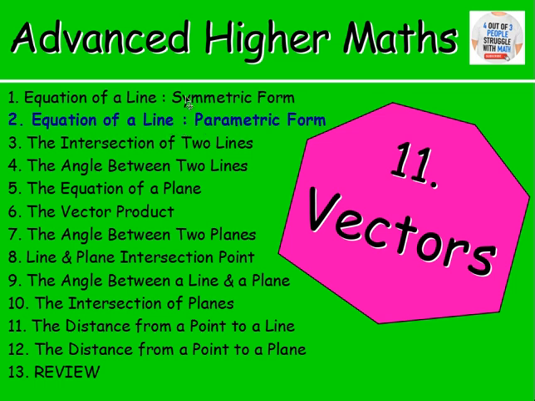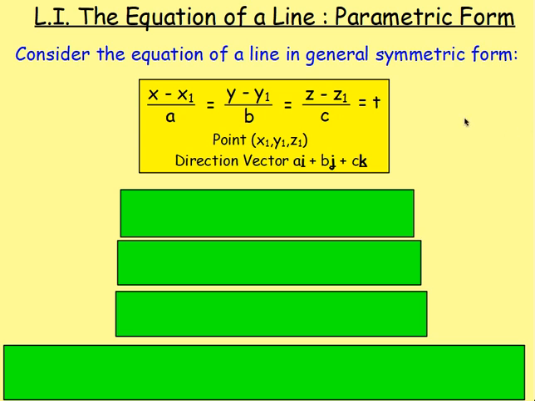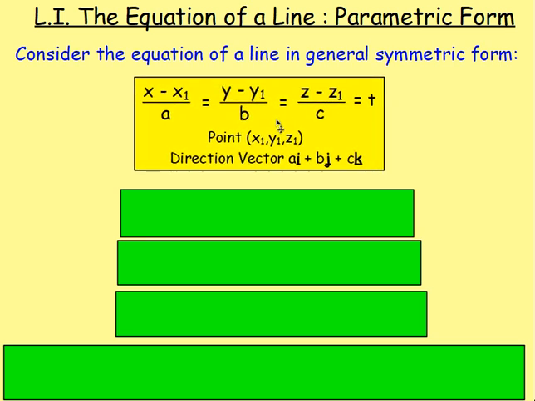Now, if you remember in the first lesson, we were writing our equation of the line in 3D in general symmetric form, which was this. We had x take away x1 over a equal to y take away y1 over b equal to z take away z1 over c.